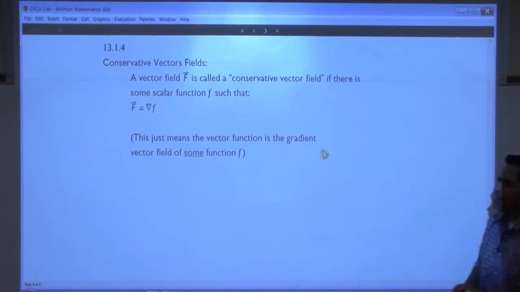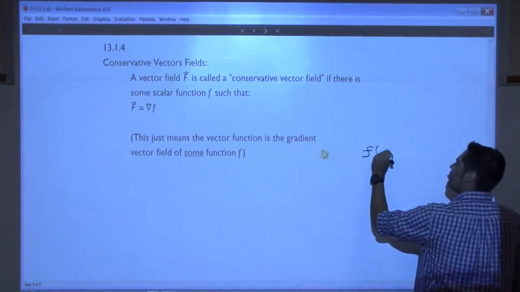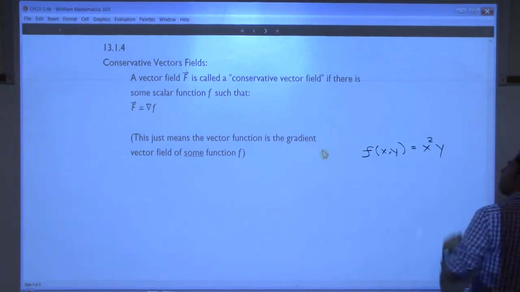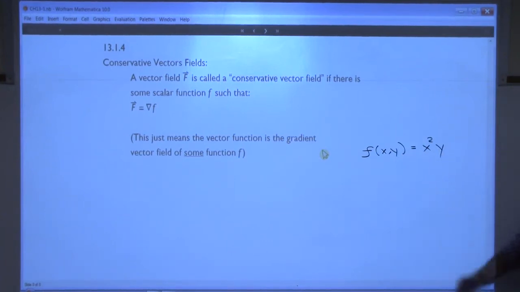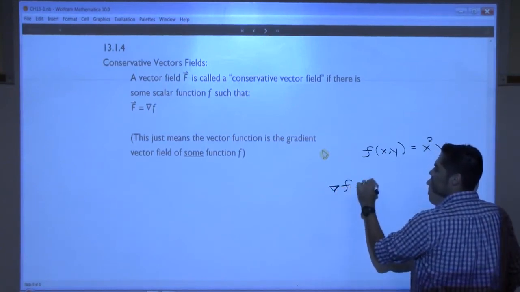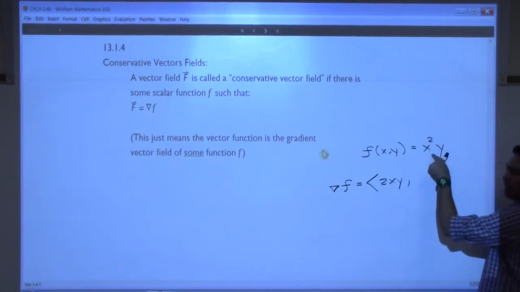So let me give you a quick example right here. What is this right here? What type of function is that? Vector function? Scalar function? This is a scalar function. I would like for you to tell me what the gradient vector field of this is. It's the vector we form by taking partials. So 2xy, that's the partial with respect to x.